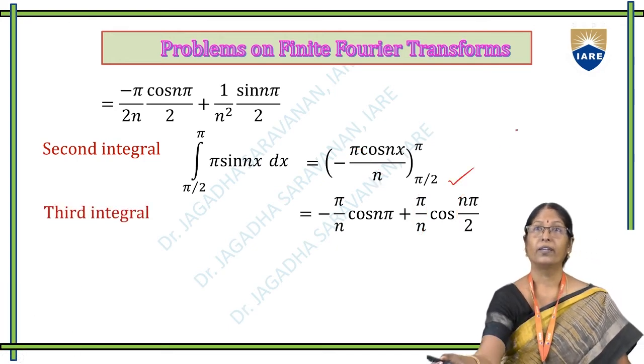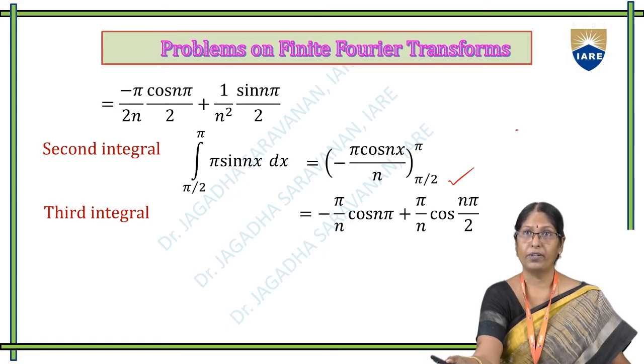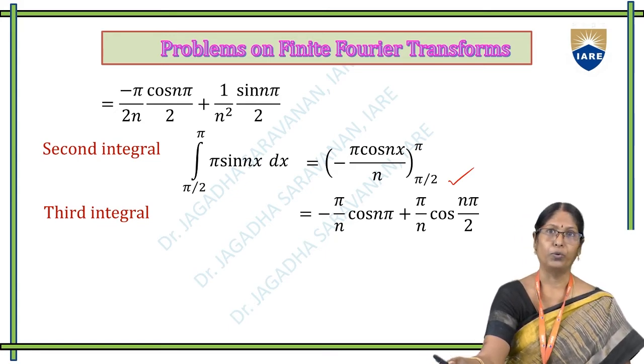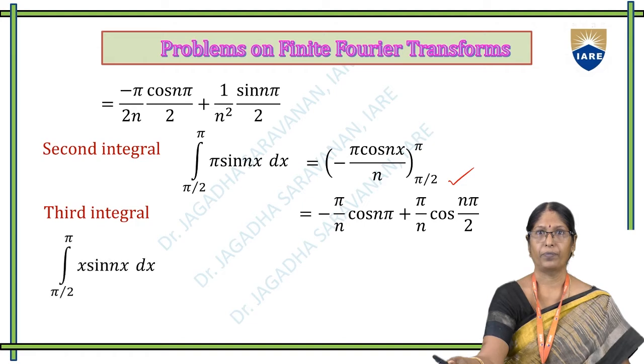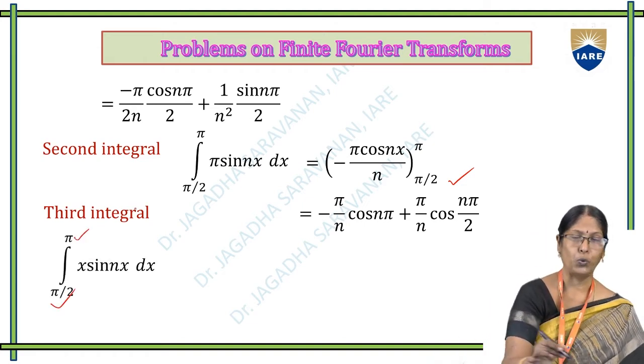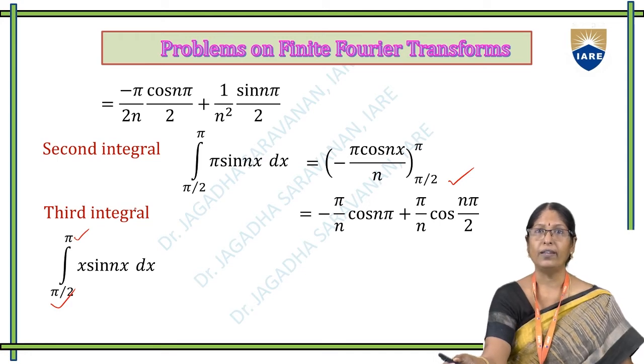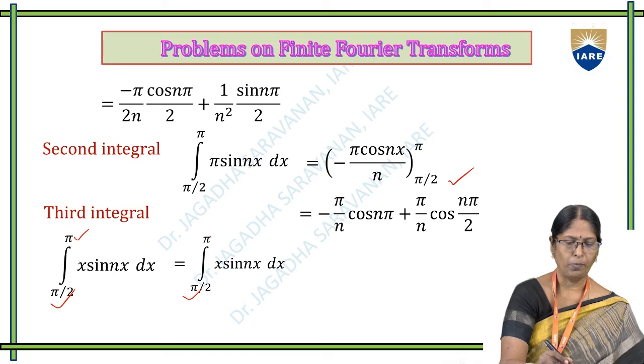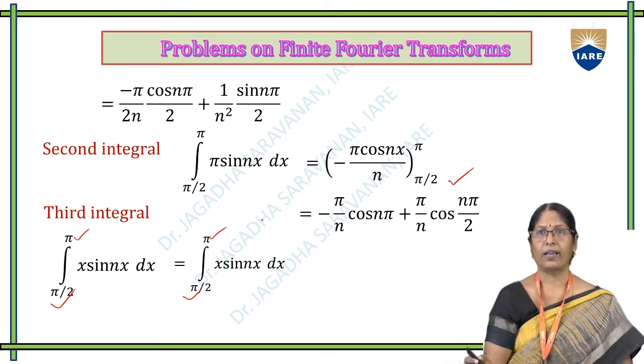So the second integral work is also completed. Now we will move to the third integral. So the third integral is pi by 2 to pi x sin nx dx.